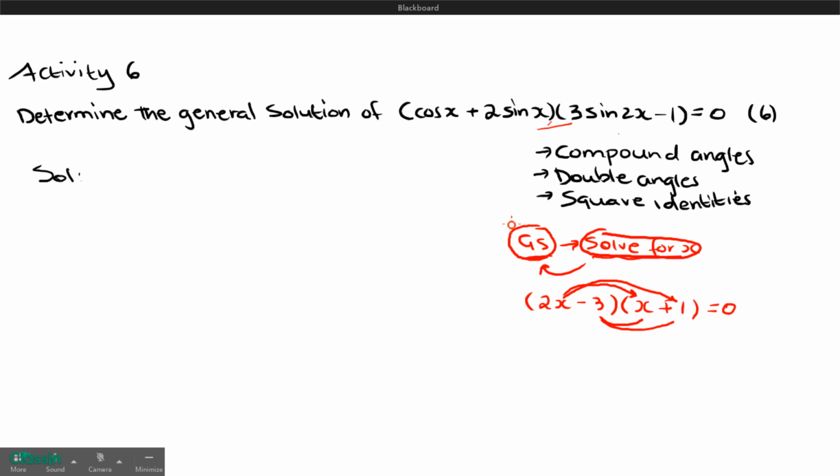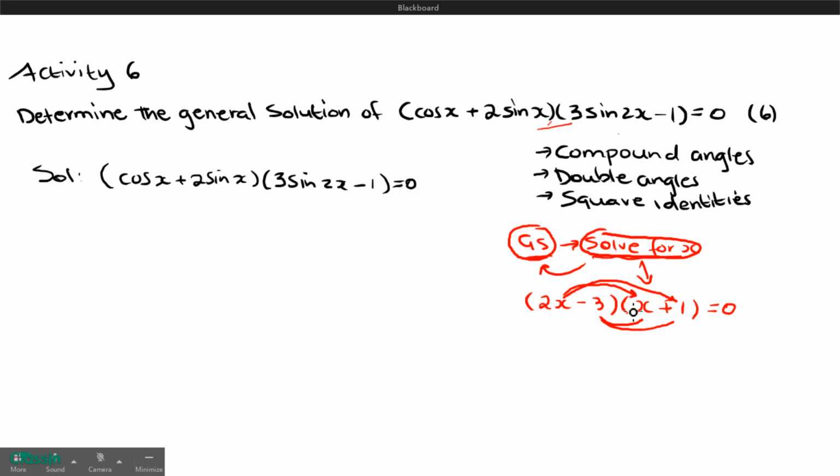So even when it comes to general solutions, once you see a situation of this nature, treat it as if you are solving for x in algebra. This means that we will take this as (cos x + 2 sin x)(3 sin 2x - 1) = 0.